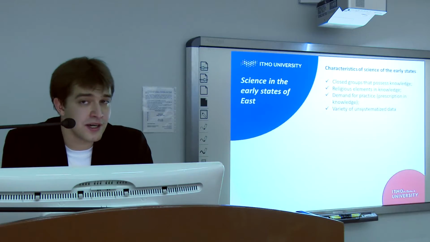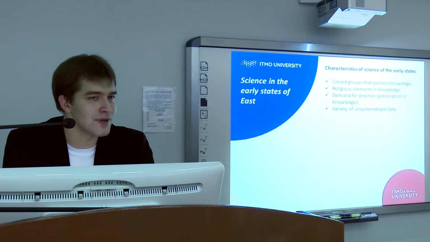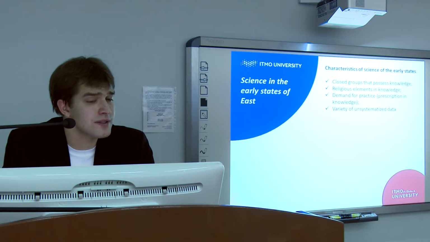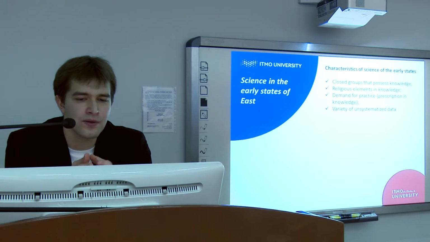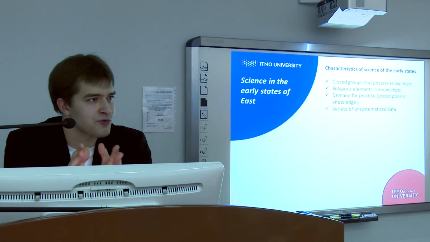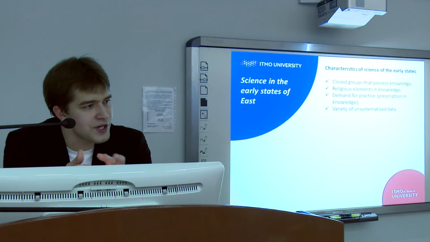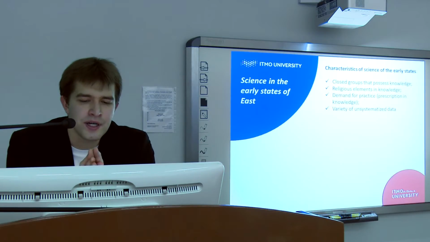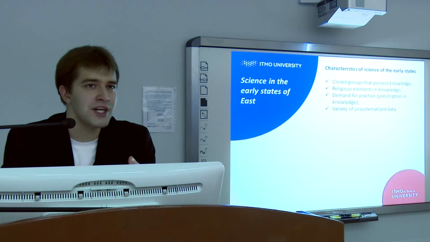By unsystematic data, and I have to underline this, unsystematic in terms of our modern mentality and our modern approaches to science, we have a lot of different things, a lot of stuff, right, that really was derived from nature observation, that was got from the different practices, the rituals, and of course the medical manipulations, for example, different operations, even geographical discoveries.